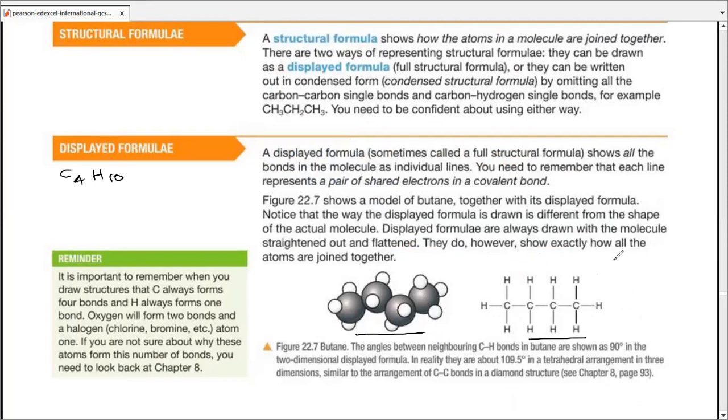This tells us that there are 3 carbon-carbon single bonds and 10 carbon-hydrogen single bonds. So a displayed formula tells you the exact number of covalent bonds present in a molecule of a compound.